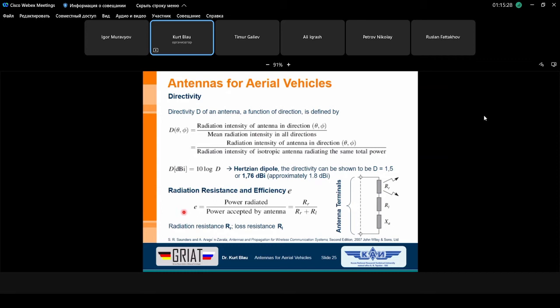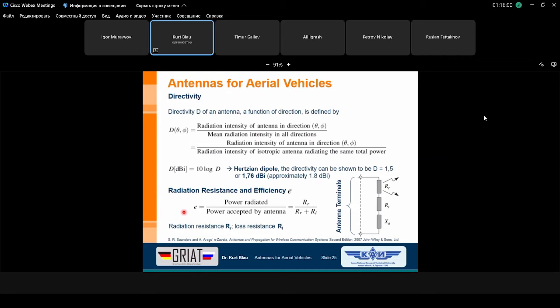This consumes power and heats up the wire. Maybe it's very small, maybe not measurable, but at least the power is dissipated as thermal power.